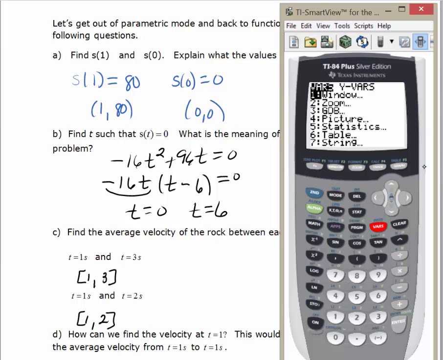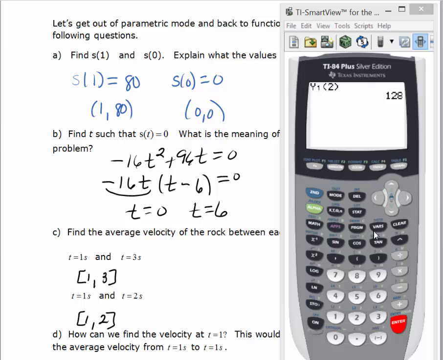I'm going to hit vars, I'm going to arrow over to y vars, and I want to do function, and since my equation is in y1, I'm going to hit enter, and now I just hit open parentheses, and I can do y1 of 2 and hit enter.